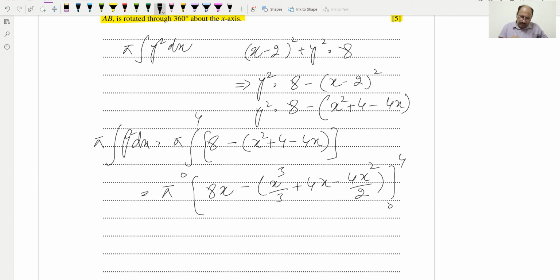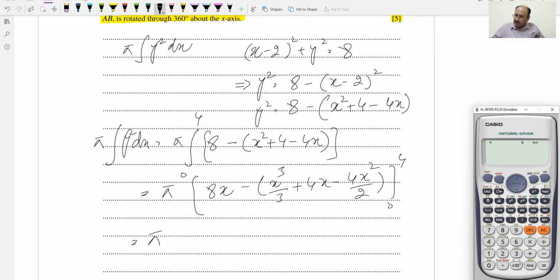So it will be pi times the integral of 8 minus x cubed by 3 plus 4x minus 4x squared by 2, from 0 to 4. So this will be pi, and this value we can find: 8x minus, in brackets, x cubed over 3 plus 4x minus 4x squared over 2, and calculate for x is equal to 4.